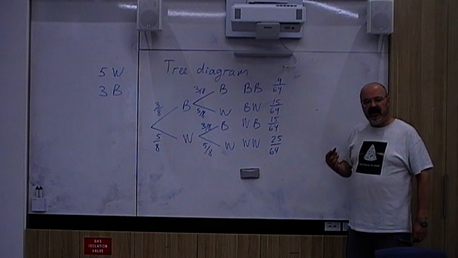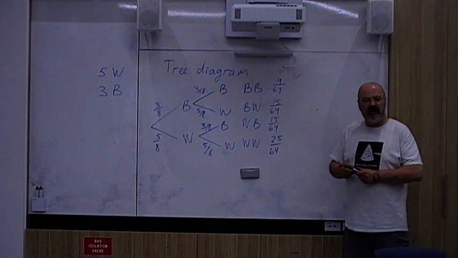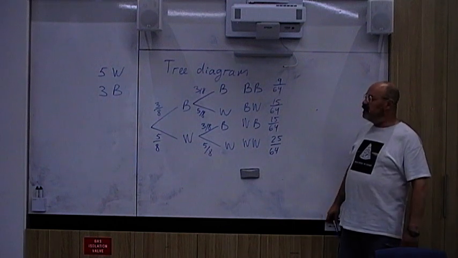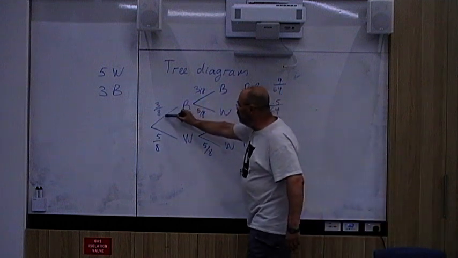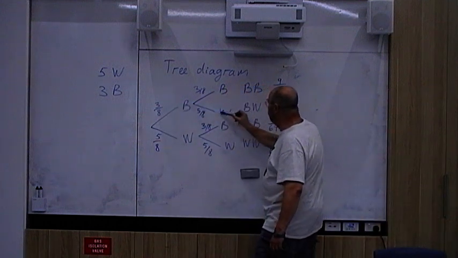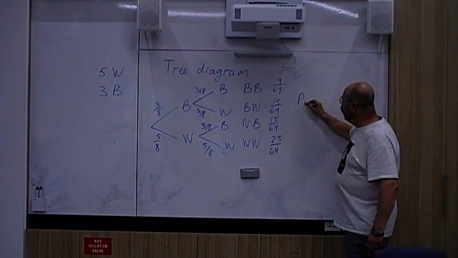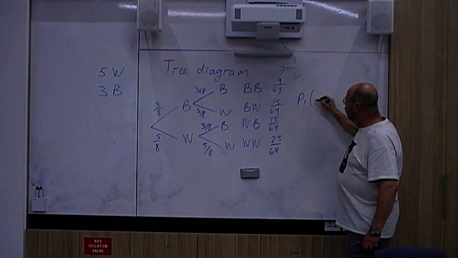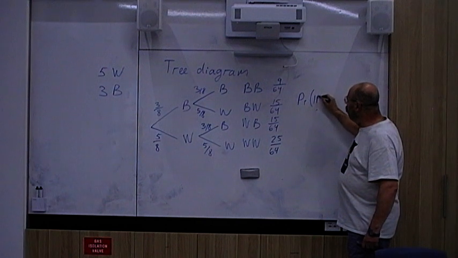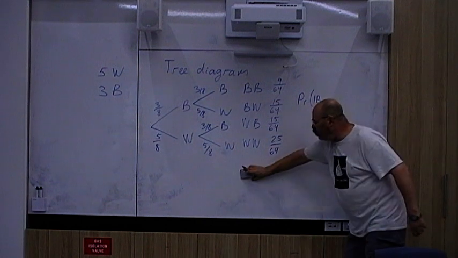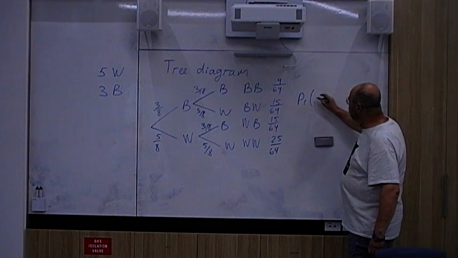So to find probability using a tree diagram, you need to multiply probabilities along the way. So what will be the probability of getting 1 black, 1 white, doesn't matter in which order. Get white and black.